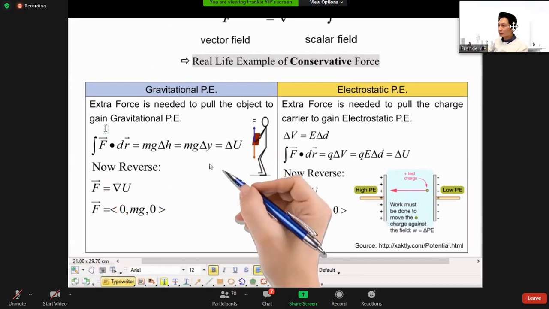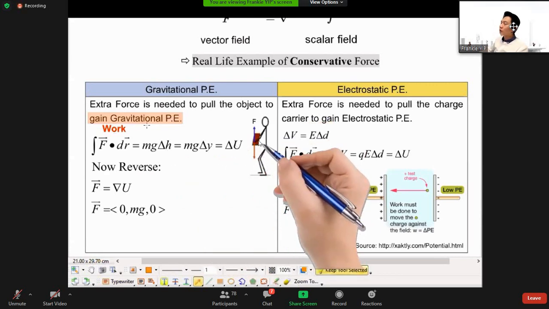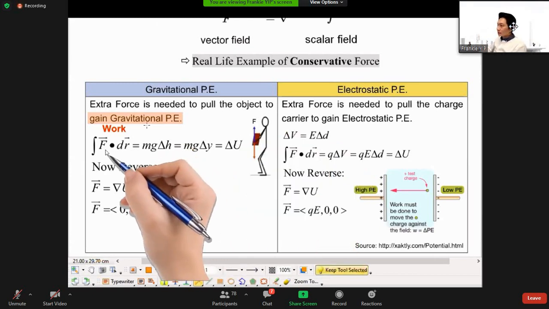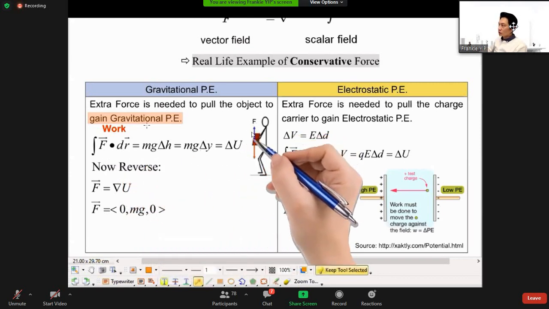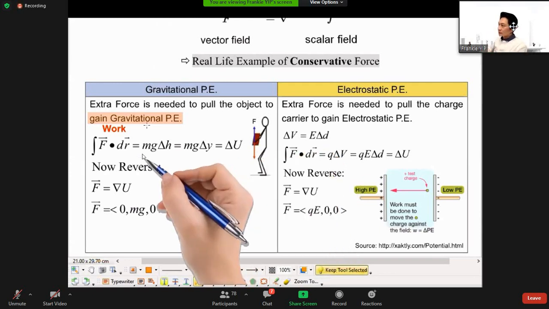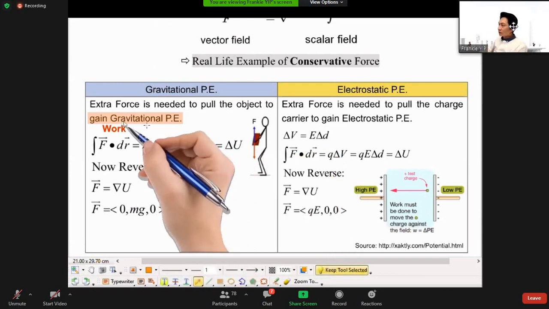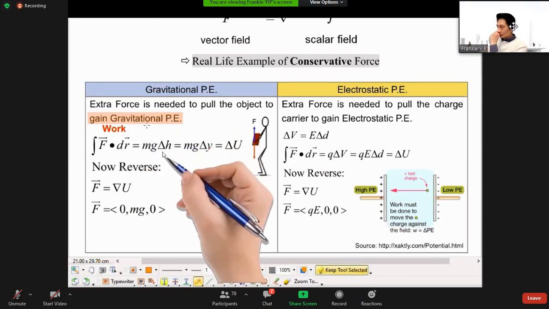First of all, when you have an extra force to pull an object upward, the work done vertically is the integral of F dot dr, where r is the direction that you're moving upward. It equals the gravitational PE, and gravitational PE equals mg delta h.